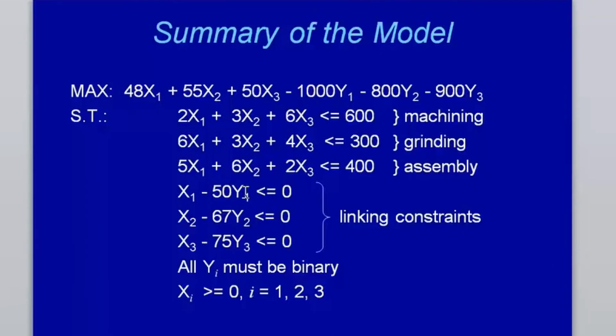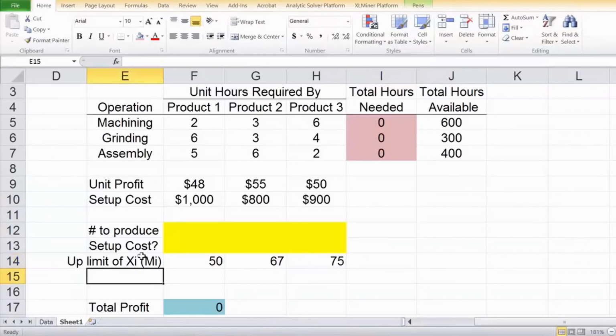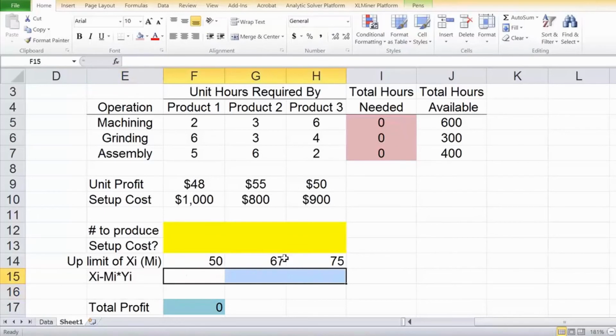To get the left-hand side of the constraints, we need xi subtract the big M times the y. So in this row, I'll put xi subtract mi times our yi, and we'll make sure this row is less than or equal to 0 when we set up the solver window.